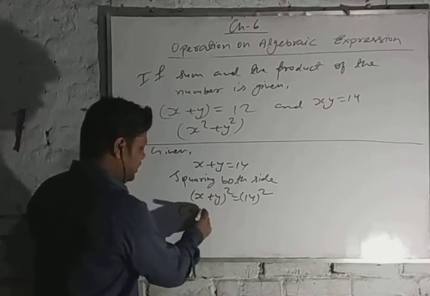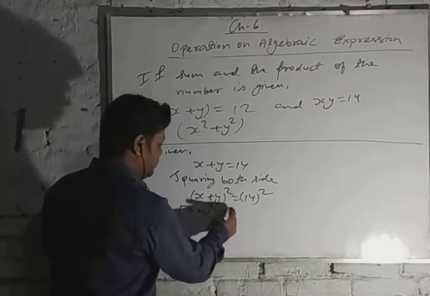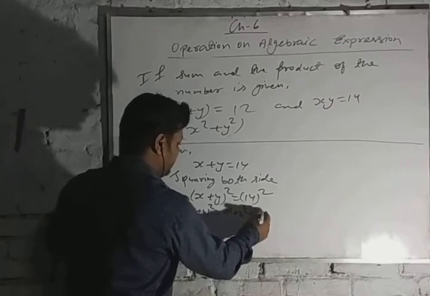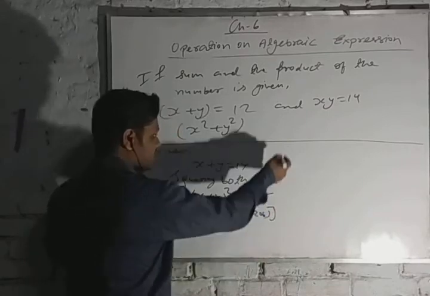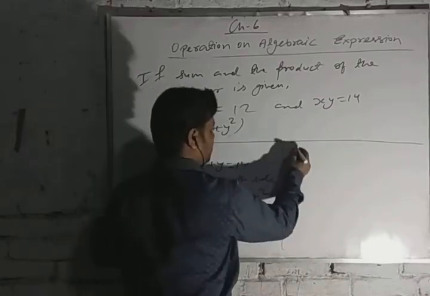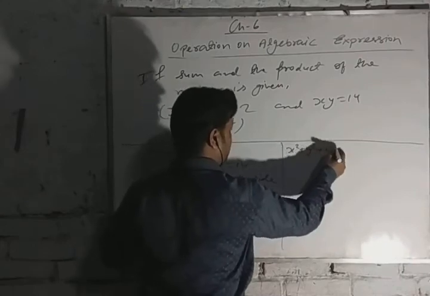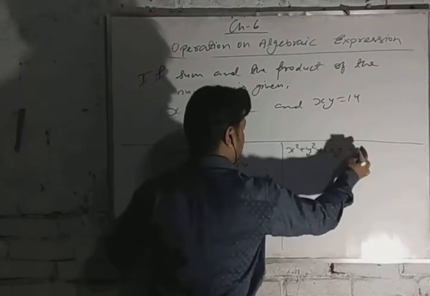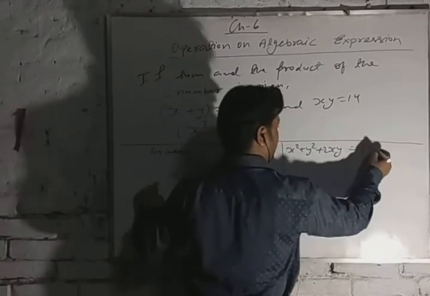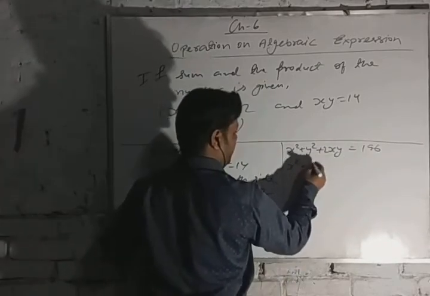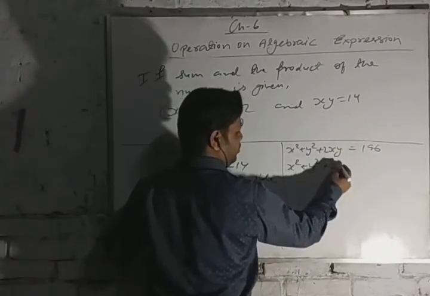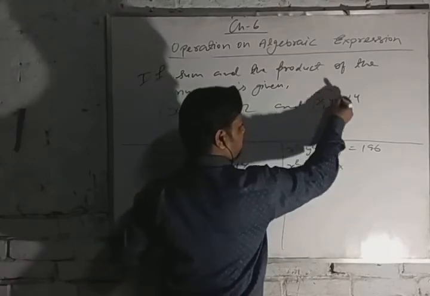Which formula? A plus b square is equal to a square plus b square plus 2ab. Okay. Here I am writing x square plus y square plus 2xy is equal to 14 square, 196. Now 2xy means 2 into xy, and xy value is given 14.